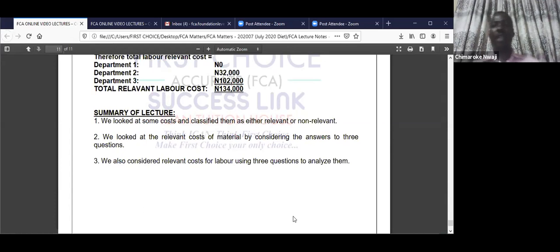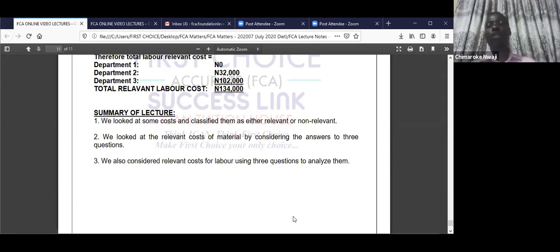Now, the next question, is this material that is available in constant use? If your answer is yes, it is in constant use, that means whenever you use it, somebody will be on queue to come and use it. So you have to replace. So the replacement cost becomes relevant.